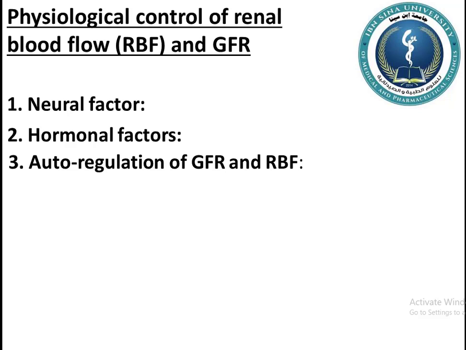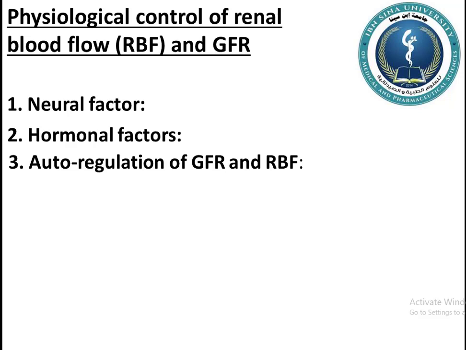Autoregulation of the GFR and renal blood flow is a very important concept. We should know that the kidney has an intrinsic ability to control its function at different levels of blood pressure.